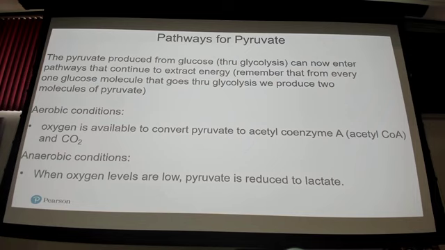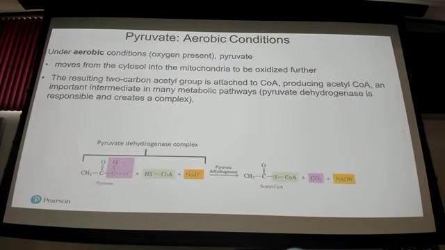When oxygen is not present or when it's low, that pyruvate will be converted into lactate. We're going to talk about what happens under aerobic conditions now, and at the end of this lecture, we're going to talk about the Cori cycle, which is the pathway where pyruvate is converted to lactate.